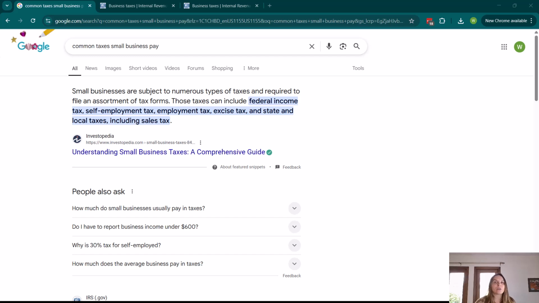An S corporation is a type of business that you elect into as long as you're eligible. And that S corporation is very similar to a partnership in that it files an informational return to divvy up the income and the loss between the owners. This is Form 1120S.